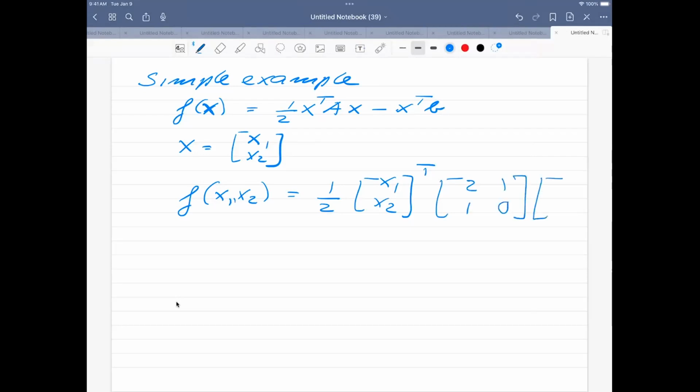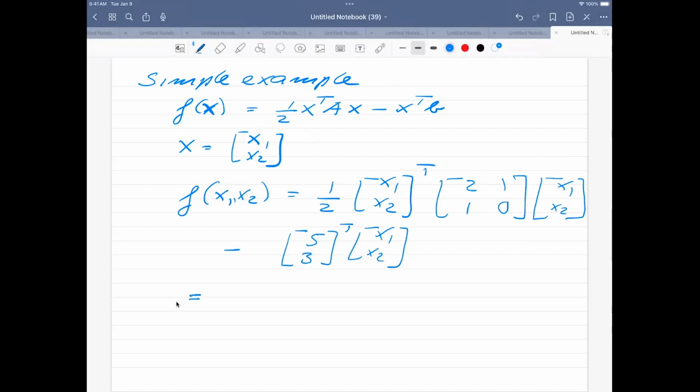And then I have it multiplied with x1, x2. And I have a minus, and then I have my vector b. So I can take the transpose. This is a scalar. So I take the vector b, which is just 5 and 3, transpose, times x1, x2.